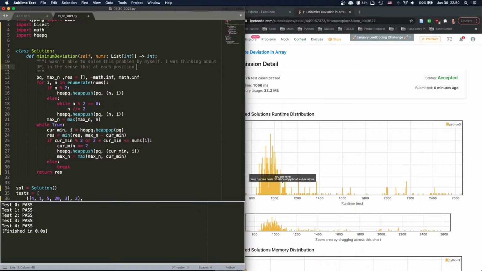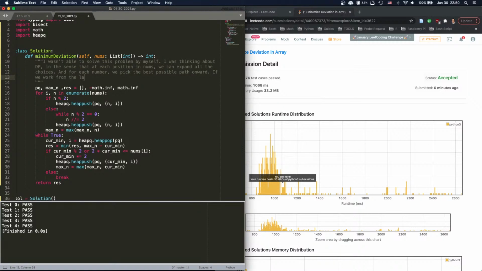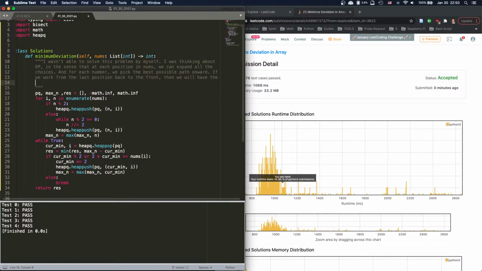at each position in num we can expand all the choices, and for each number we pick the best possible path onward, and if we work from the last position back to the front, then we will have the best option calculated at the front.